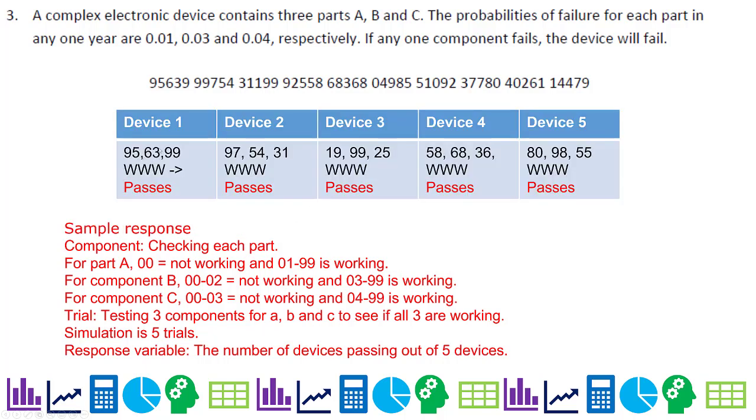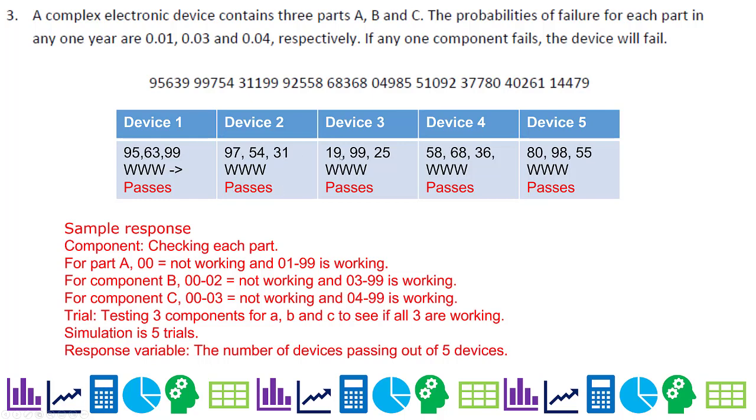So here we go. Here are the first 3 pairs of digits. 95, we said, is working. 63 is also working, and 99 is working. So this one passes. Device 2, we have 97, 54, 31. Since we have no low digit outcomes, that also passes.